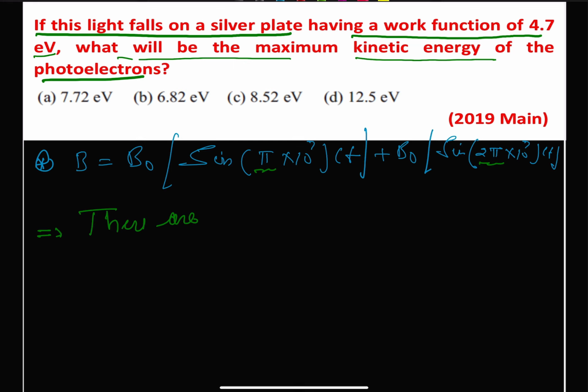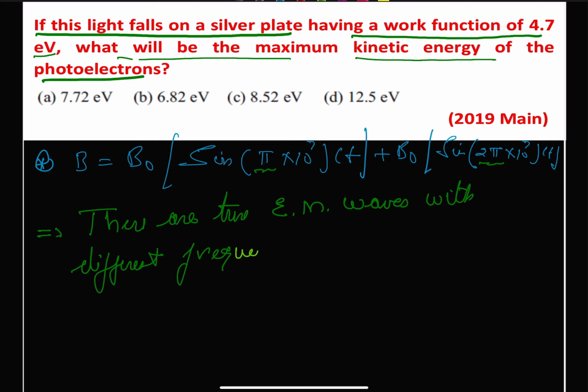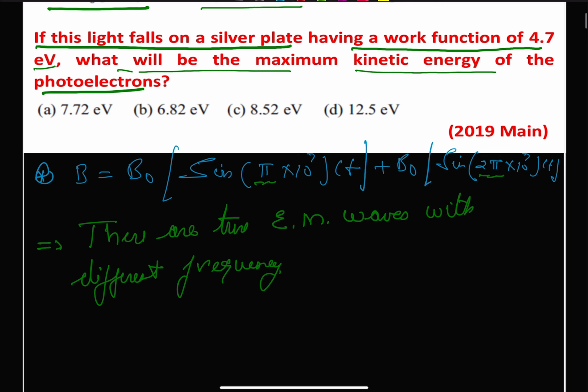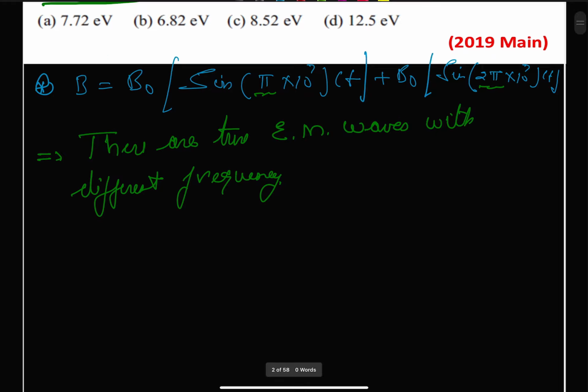Therefore you can say there are two electromagnetic waves with different frequency, but we have to keep in mind that our kinetic energy should be maximum. So in order for the kinetic energy to be maximum, we are going to take a higher frequency.